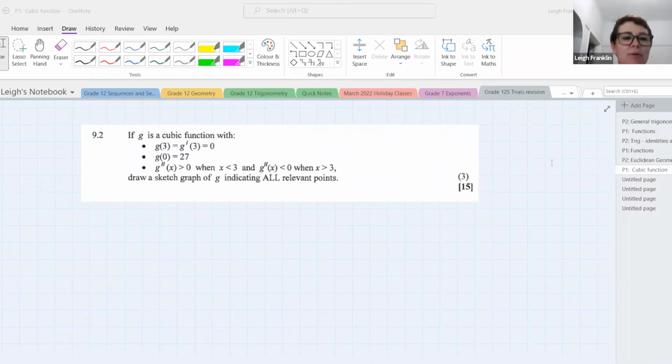So in number 9.2, if g is a cubic function with g of 3 equals g prime 3 equals 0, what does that even mean? What does that even mean to us?